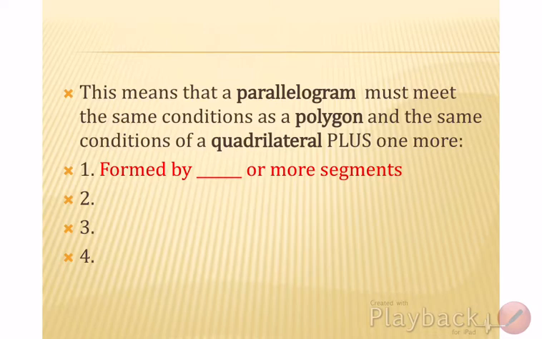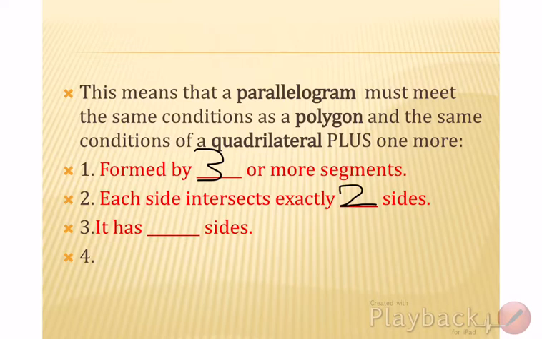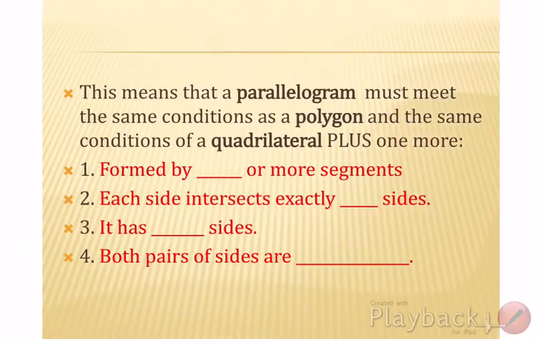So formed by 3 segments or more, plus each side intersects exactly 2 sides, and a quadrilateral which has 4 sides, plus 1 more.